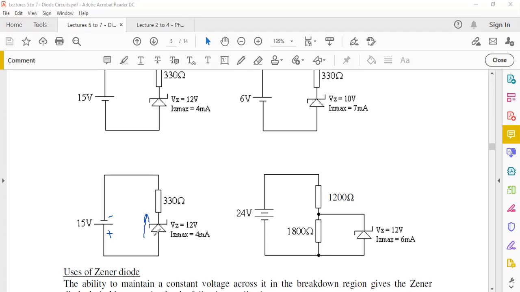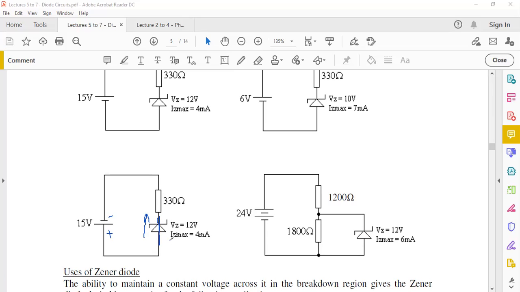In the forward bias mode, as we've seen, you can just short circuit this diode if you assume an ideal diode. So it's just going to be normal diode operation in forward bias mode. You can just assume this is like a short circuit, which means your diode is not reverse biased, so it is like a normal diode. So I would say here again, this diode is not properly biased. If you wanted an application like this, you would simply use a normal diode here.